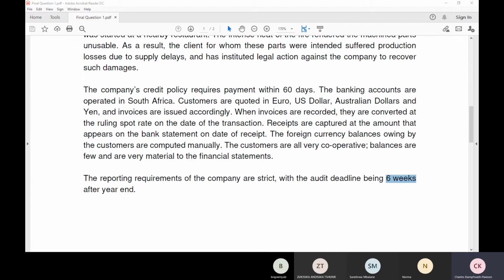And then I think also just mention the letter of engagement. You need to agree the terms upfront with the client, because in that letter, all of these considerations are taken into account, where we tell the management of the client, of the business, what they will be responsible for.